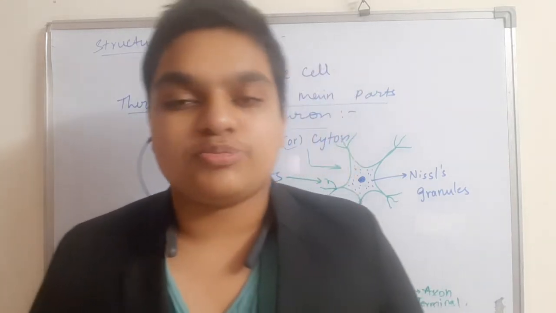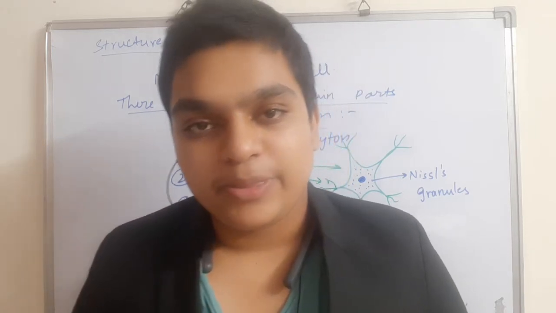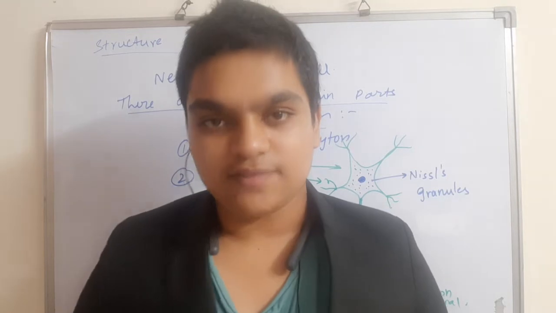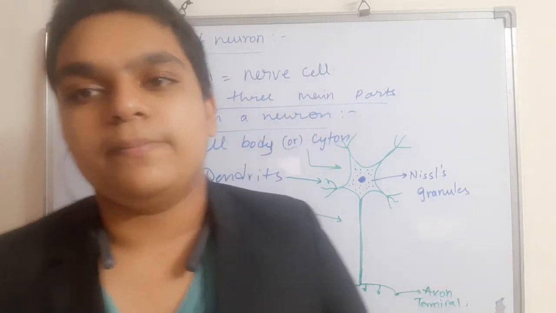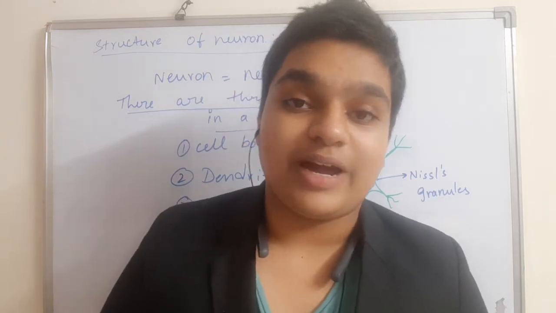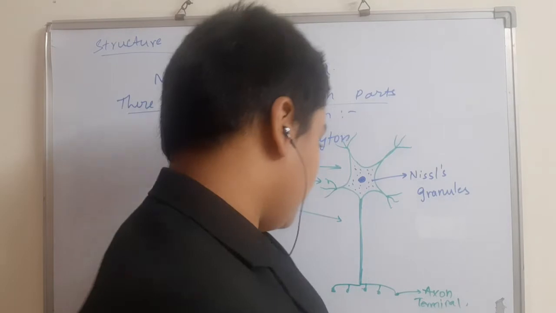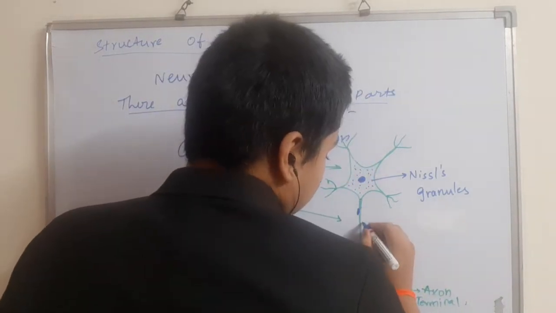These Schwann cells have specialized functions for secreting the myelin sheath. I'll tell you a little later, just after the structure, about the myelin sheath. Based upon the presence of myelin sheath, we have two types of neurons. I'll tell you that classification. Here we have the presence of Schwann cells.